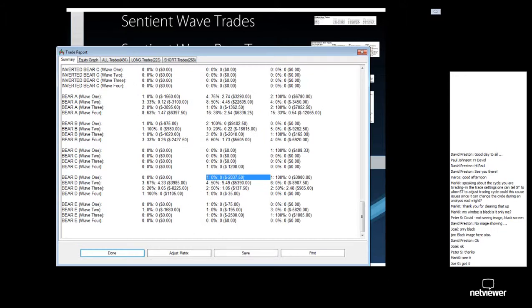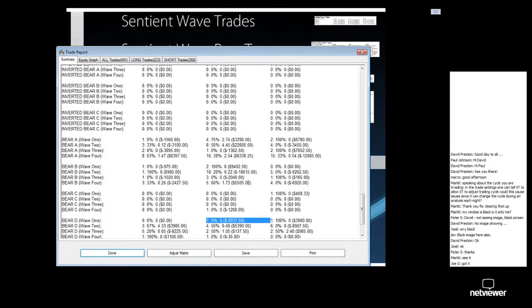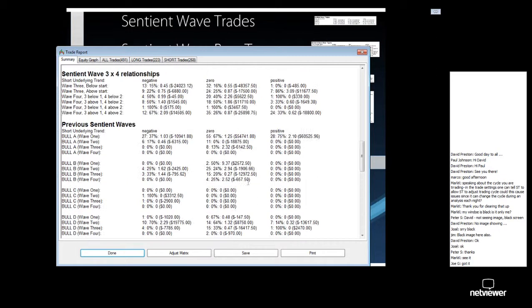If you're looking at the statistics and you say, oh, well, I have a 25% chance of making a winning trade, and that winning trade is only going to be 8 bars long, and it's going to give me a percentage return of 8%. It's very, very important when you're looking at statistics, or when you're looking at the trading report, for instance, to have a look at the statistical significance. One trade out of 491 trades is not statistically significant, so you should ignore it.